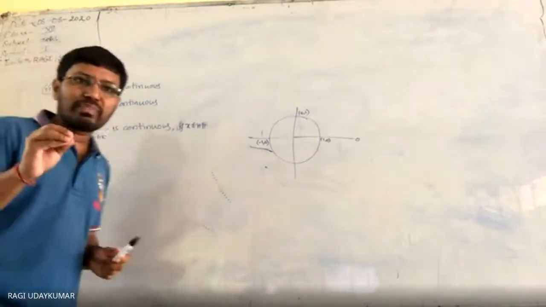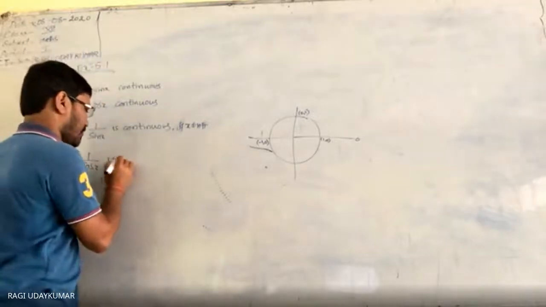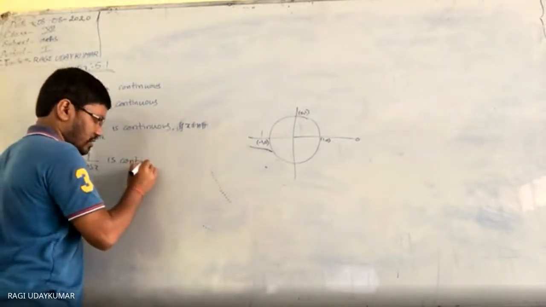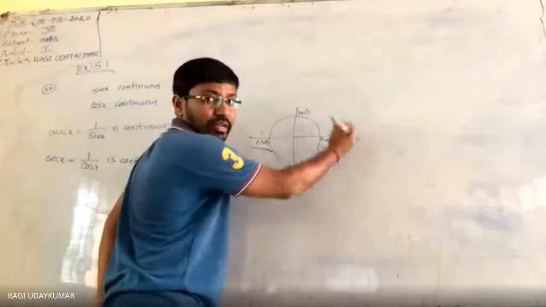So at what places does cos x become 0? Can anyone say? It is 2n plus 1 into pi by 2, that is pi by 2, 3 pi by 2, 5 pi by 2, 7 pi by 2.